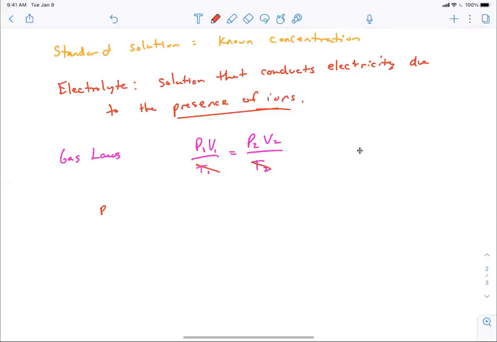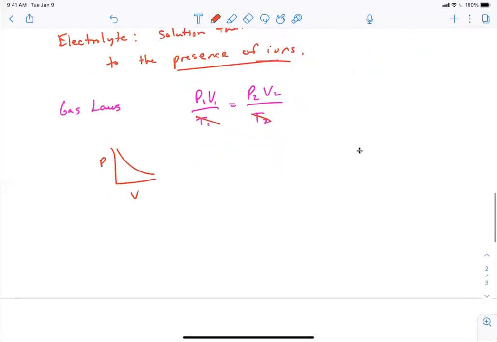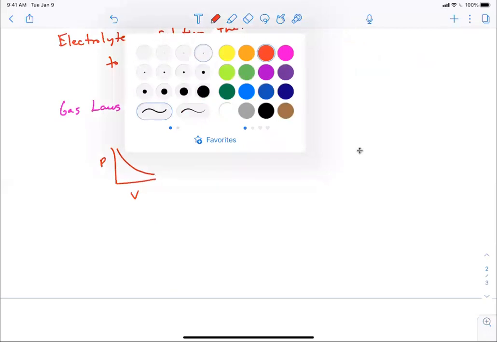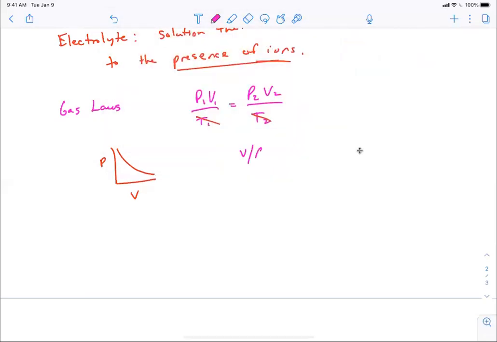Because when you have that P versus V graph, you want an inverse relationship as a generating curve. Whereas pressure versus temperature in Kelvin is a direct relationship. It is a linear relationship between that. So if one doubles, the other one will double.